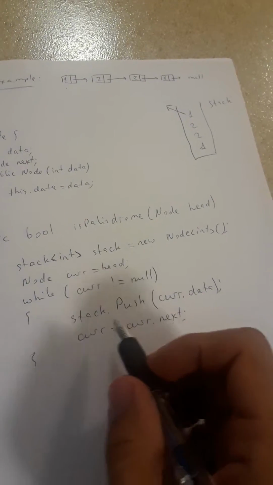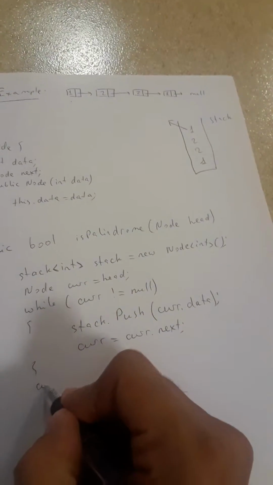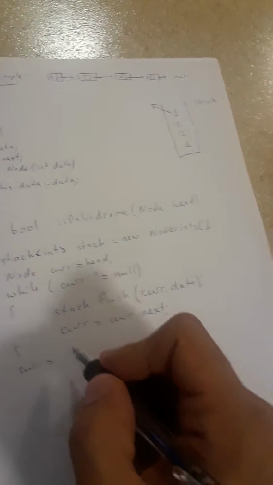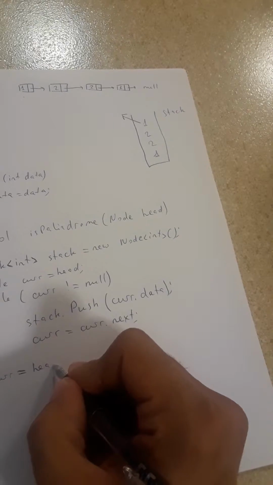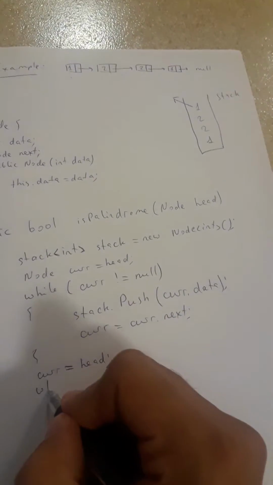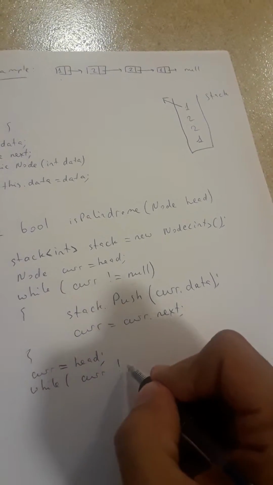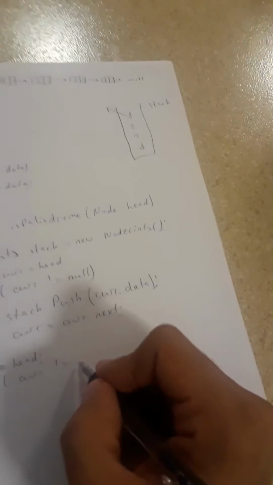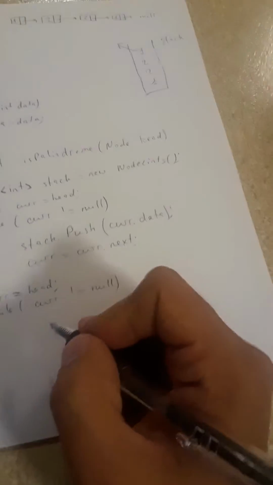So after that we push all data of the nodes into the stack. We'll just define our current again to the beginning of the linked list, to the head, and again initialize a while loop, and we will go through all nodes in the linked list using the while loop.